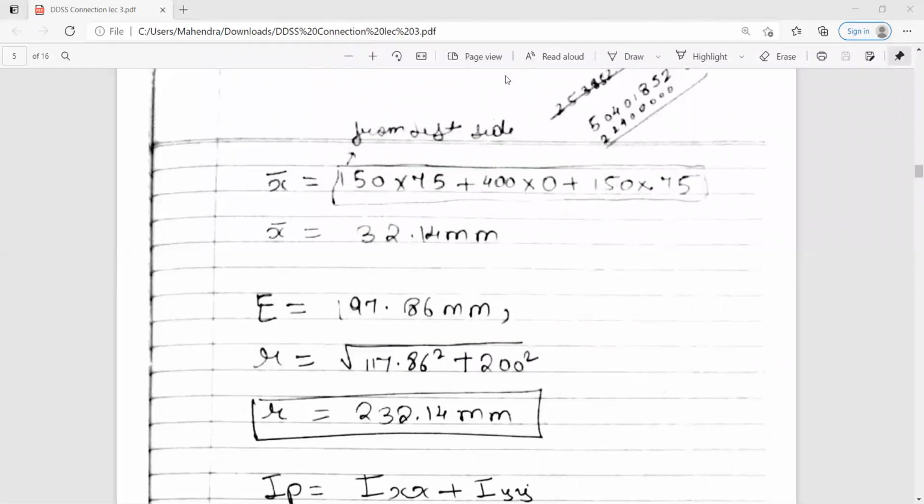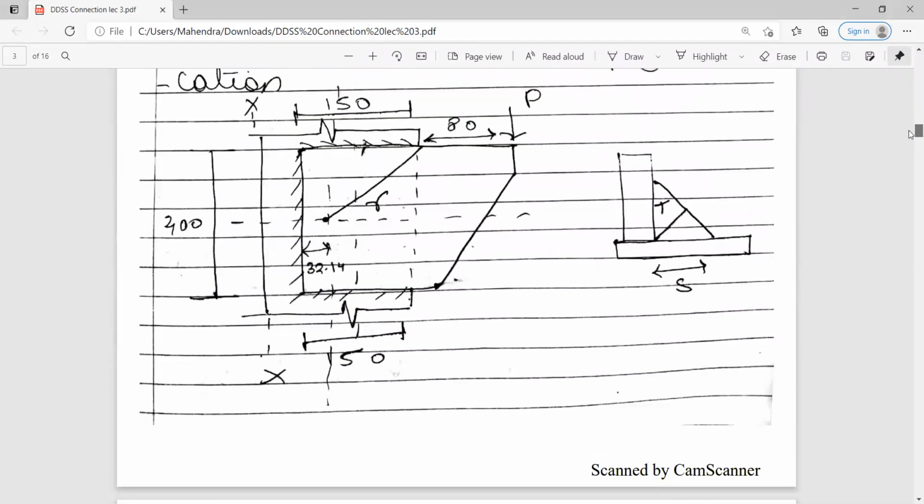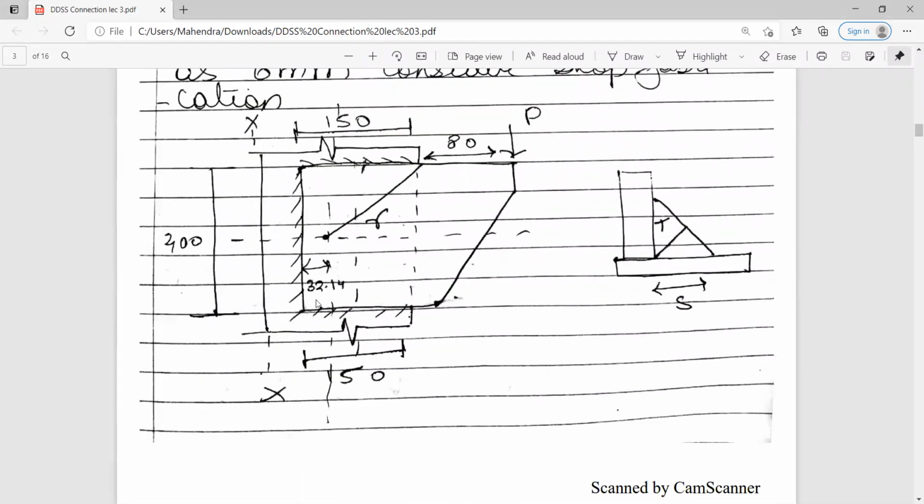Okay. Now E, can anybody tell me how to calculate E, that is eccentricity? Yes, anyone? E कैसे calculate करोगे? Abdullah, Ibrahim? How you will calculate E?